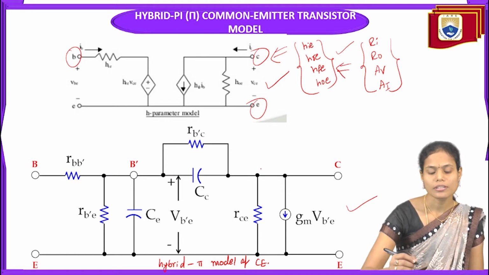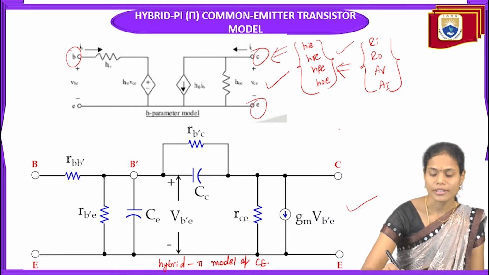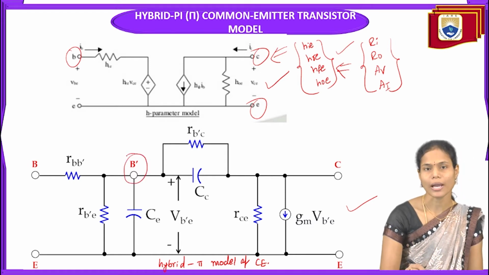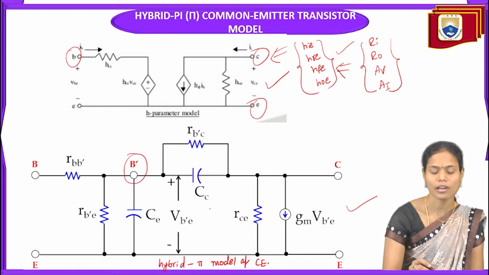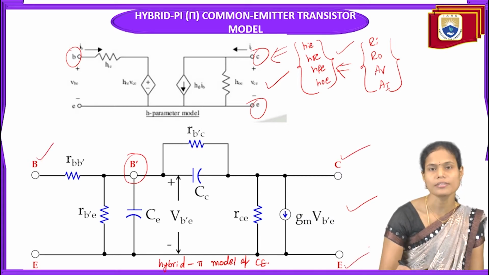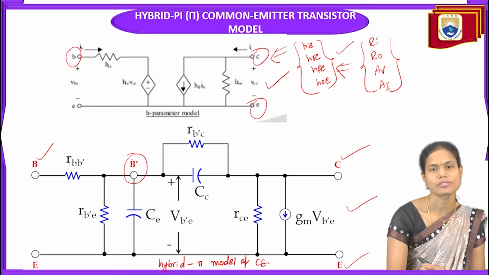So what is the basic difference between the H parameter model and the hybrid pi model? In the hybrid pi model, an extra terminal B dash is included in the amplifier circuit. Along with the base, collector and emitter terminals, one more extra terminal, B dash, is added to the circuit.